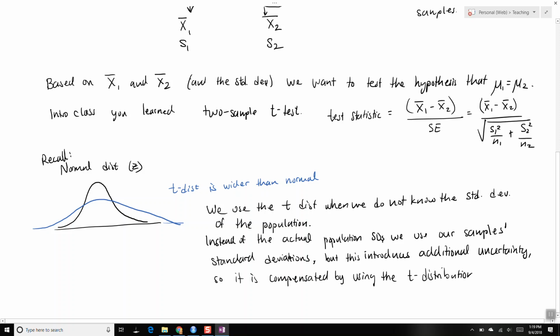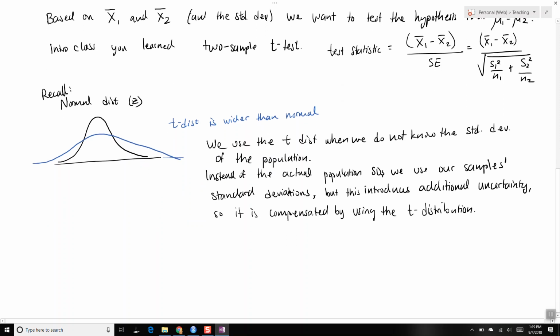But why would we even use the normal distribution or the t-distribution in the first place? Where did this test statistic up here come from? Math? What kind of math? Statistics. Like z-scores?